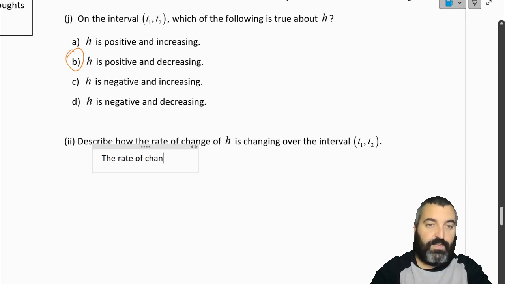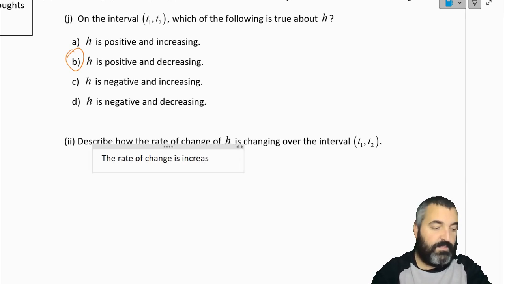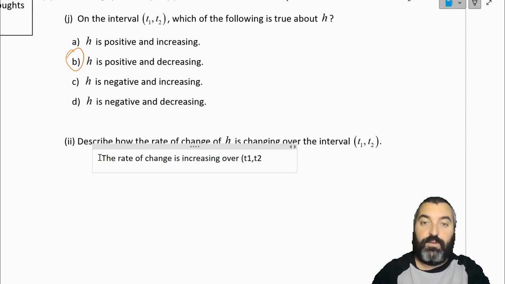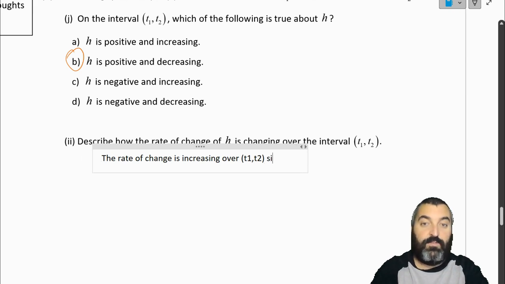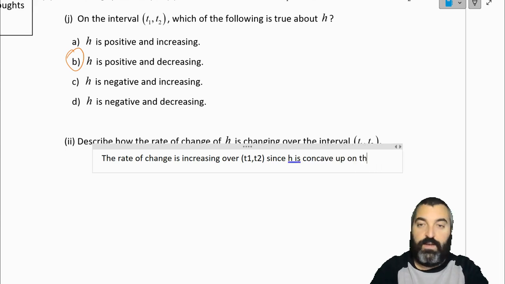The rate of change is increasing over T1 to T2. And the reason why we know the rate of change is increasing, be careful, it's not the graph that is increasing, is because H is concave up on that interval.